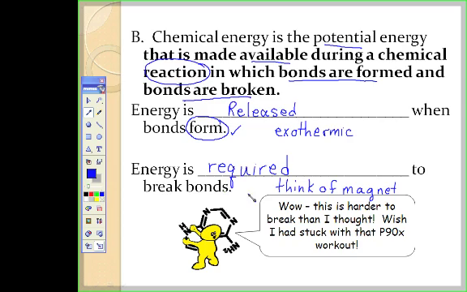So a force or a bond is like a magnet. It takes energy to pull two magnets apart. So that's what this little guy's doing, is trying to break these bonds, and he just hasn't had a good enough workout to do that. So you really want to memorize that, because those are key principles here.